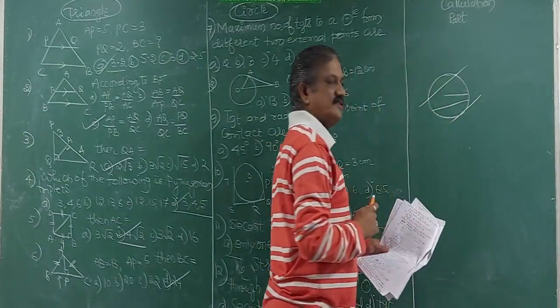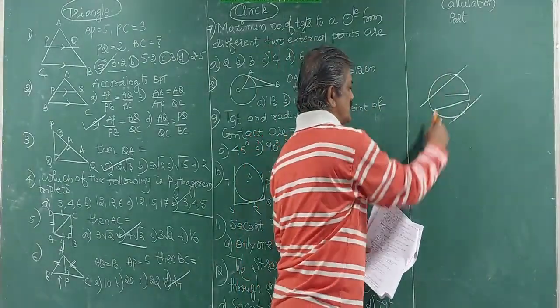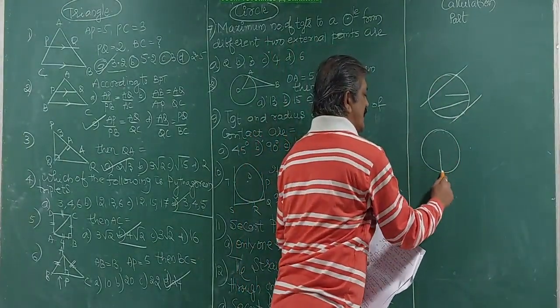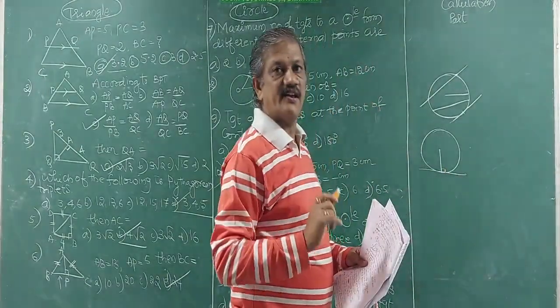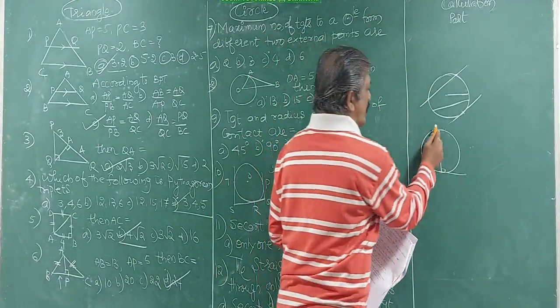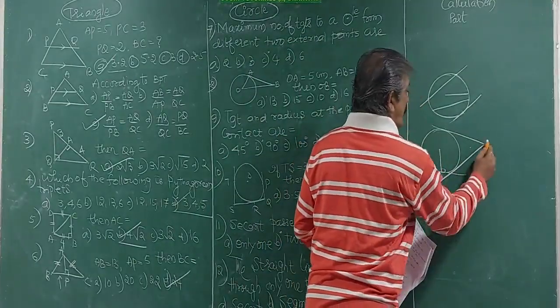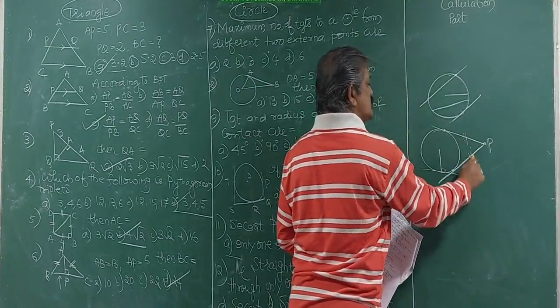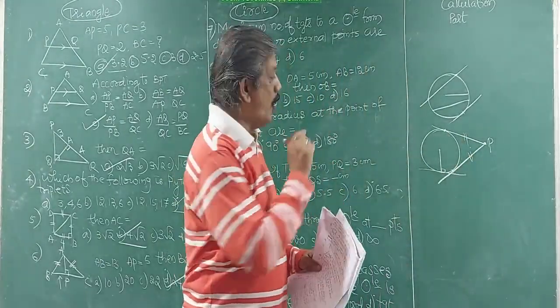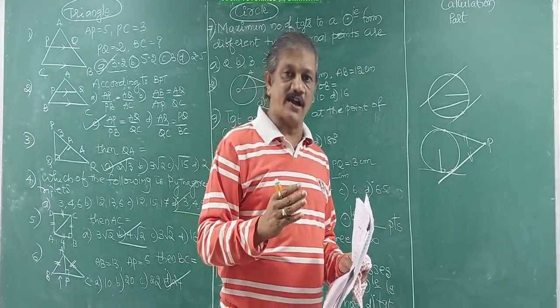You must know all these things. And you must know here, radius and the tangent at the point of contact, 90 degree. When you draw the tangents from one external point to the circle, these two tangents are equal. How many maximum tangents can be drawn?